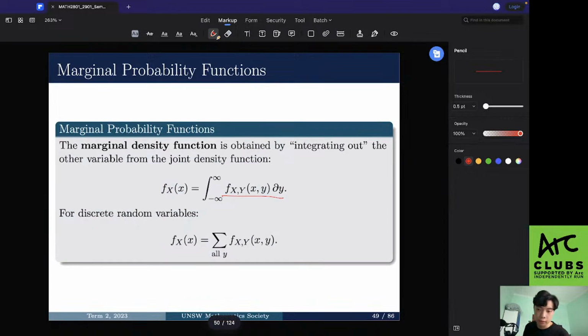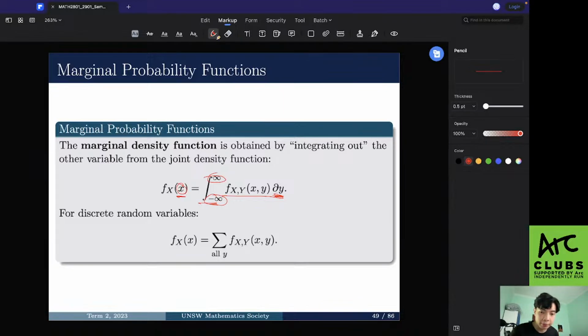So what we see here is that to find the probability for a given x value, we just add up. That's what the integral is. It's adding up every single y value from minus infinity to infinity. It's just adding up everything in that strip, which is every single possibility where x is equal to this x right here.